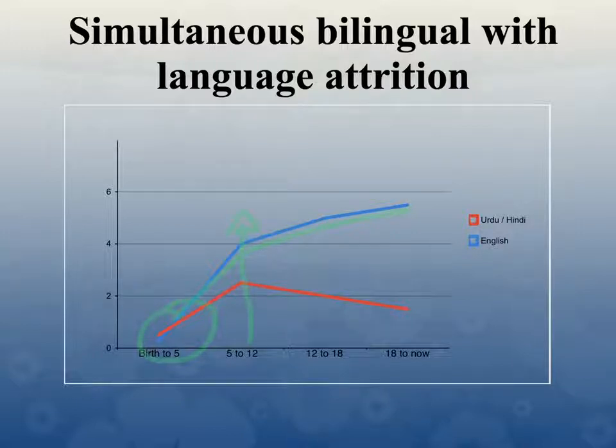And in some cases, this dominance can start to affect their proficiency in other languages that were spoken in the home. And this line has the danger of decreasing if the child does not have any exposure or instruction in the other language.